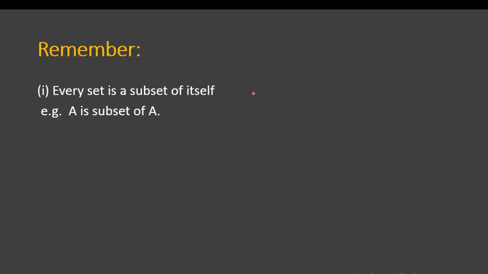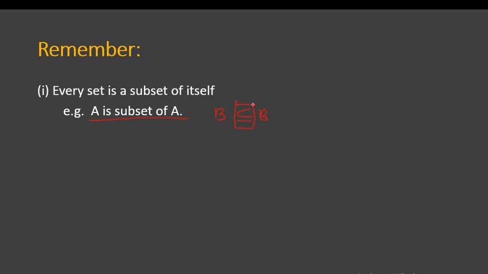Now regarding subset and set, we need to remember some points. The first point is every set is a subset of itself. For example, if set A is a set, then it is a subset of itself. Let's take another example. If there is a set B, then it is also a subset of set B. We represent subset by this symbol.